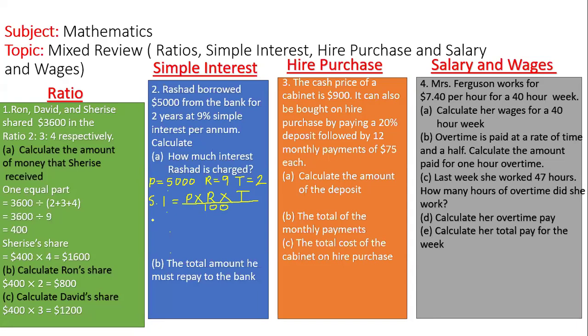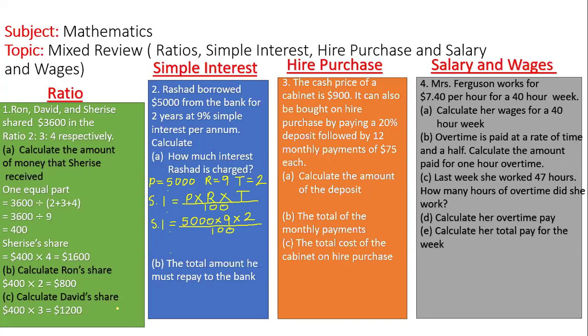Now the simple interest is going to be equal to the principal, 5,000, multiplied by the rate, 9, multiplied by the time, 2, all over 100.